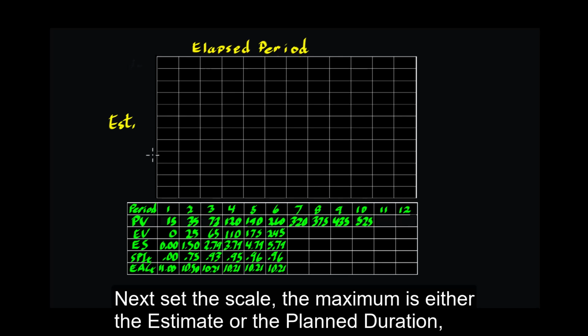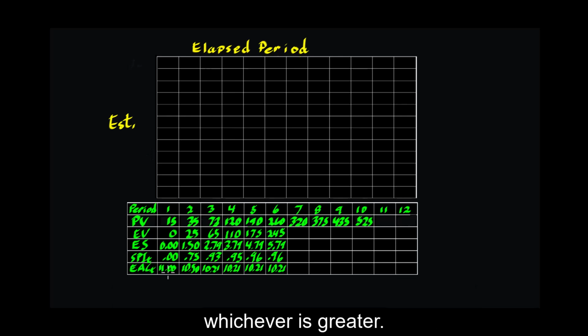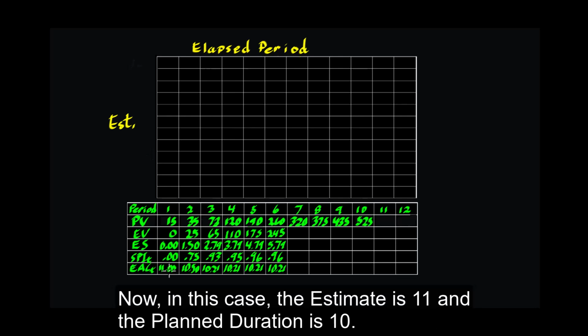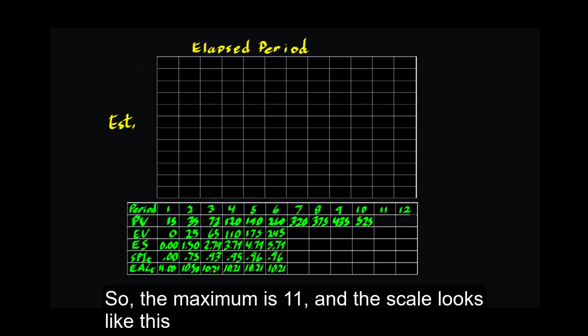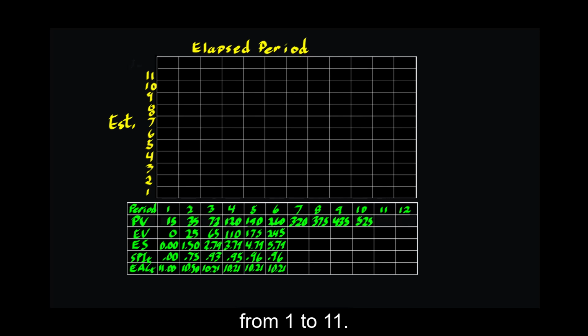The maximum is either the estimate or the planned duration, whichever is greater. Now in this case the estimate is 11 and the planned duration is 10, so the maximum is 11 and the scale looks like this from 1 through 11.